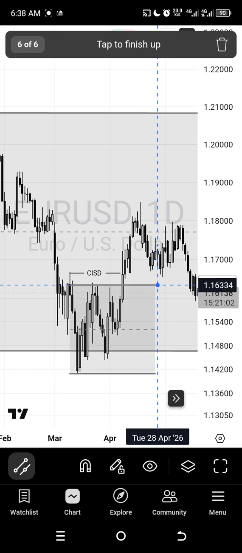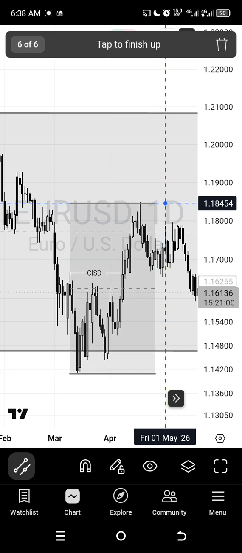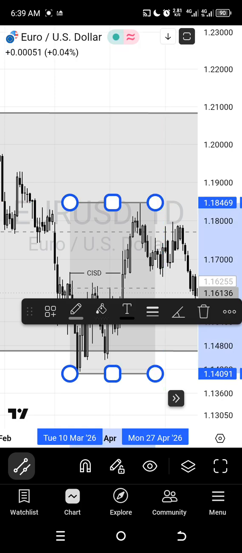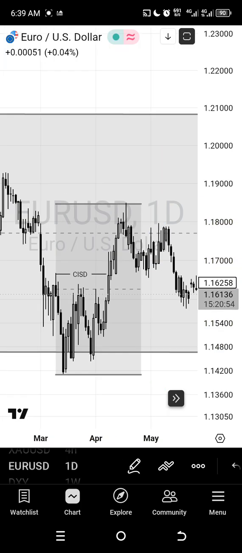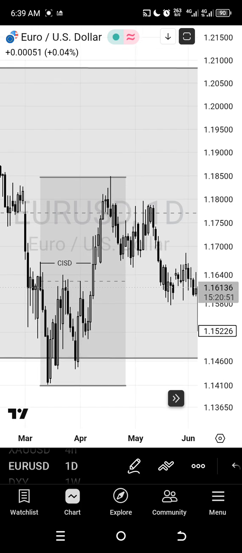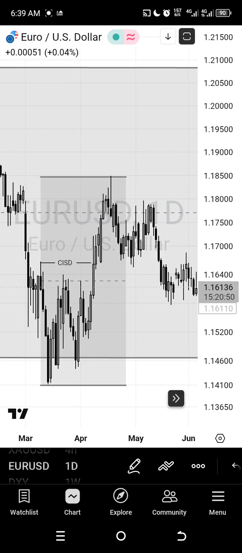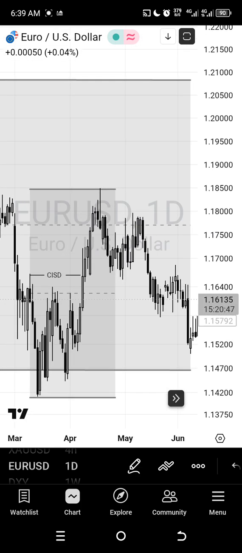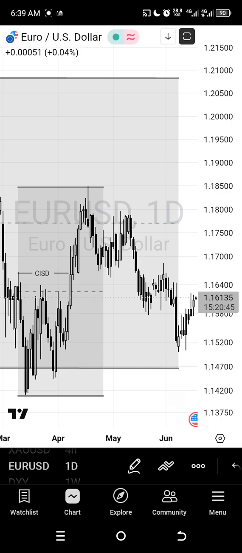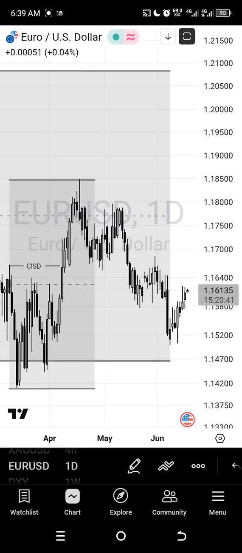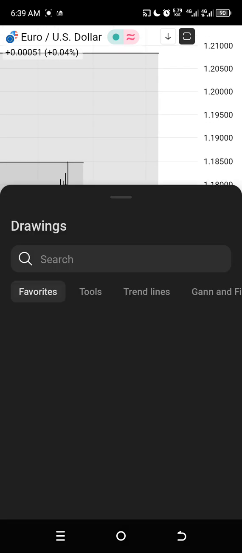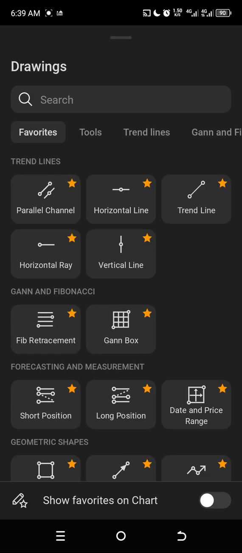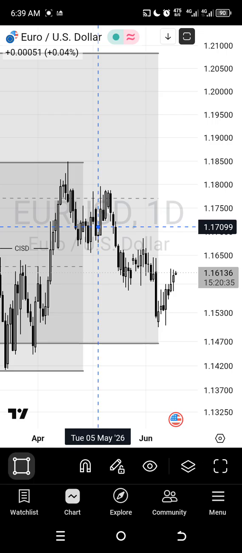If you do not yet understand what the dealing range is, you can look at the video up there. You are going to see I dropped something on dealing ranges and you'll be able to understand. When we mark our dealing range, the next step is to map out the key levels within this particular dealing range.